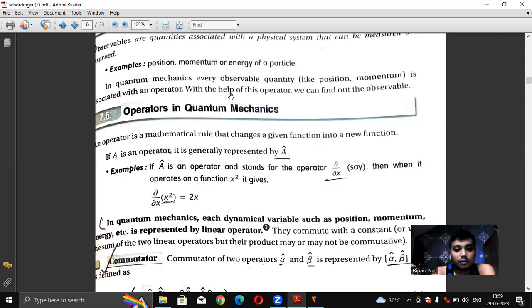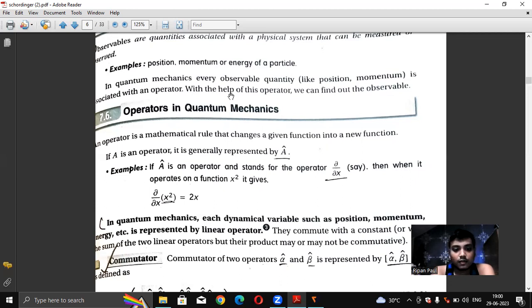An operator is a mathematical rule that changes a given function into a new function. If you are in higher classes or in college, you will find this in vector calculus, where you will see various vectors like this.